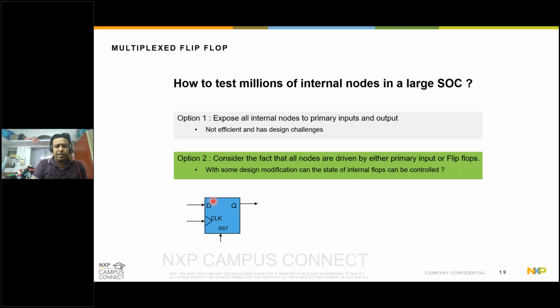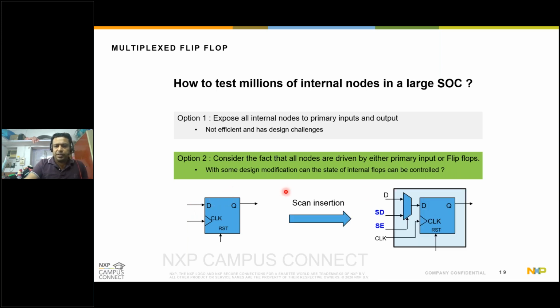Now, if I modify my flop in such a way that I introduce another input on this flop using a mux, and I can control the select line of this mux so that I can activate this other input to the flop, this modification is known as scan insertion, where I am putting a mux structure at the input of this flop and providing an alternative input. This selection can be controlled through the mux select.